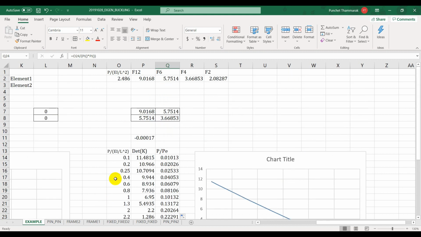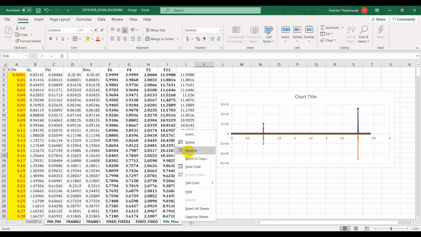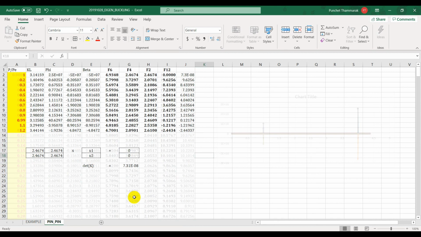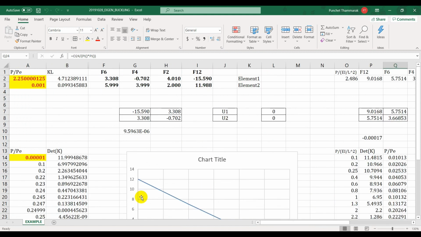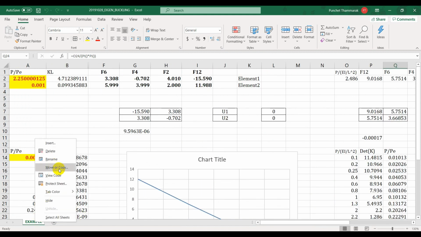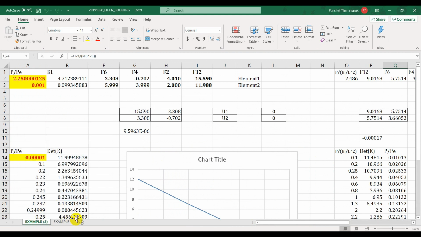Then I think I can delete all this. So we can use this for the next example. Number 2.